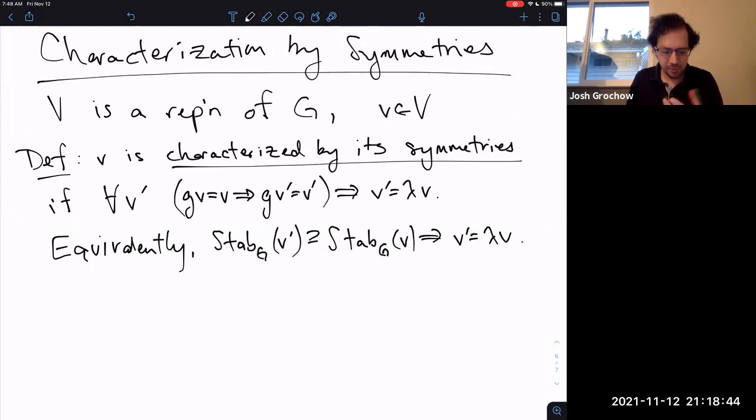Now, examples of this go back far, like to Frobenius in the 1890s. The notion itself and its importance and this definition, as far as I know, really came out of GCT1.